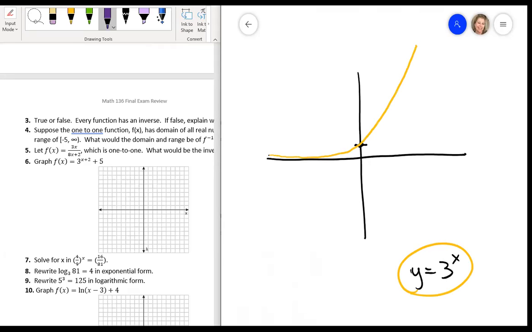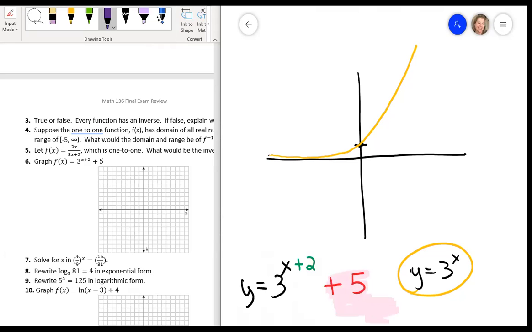That's the basic graph of an exponential. But what we're about to do is to the x, we are going to add a 2. And then to the entire function, we're going to add a 5.